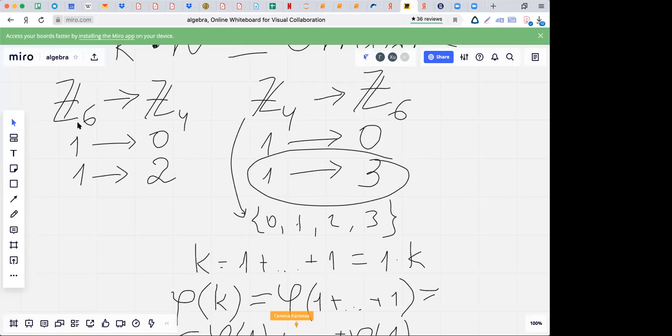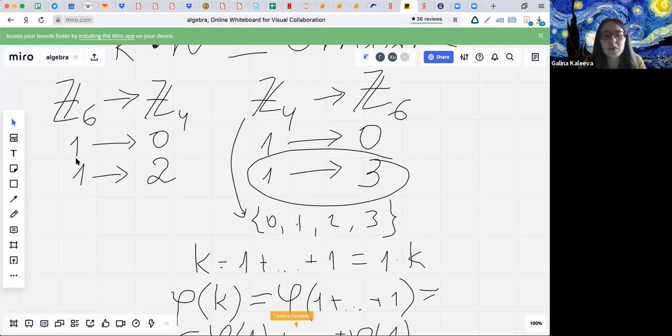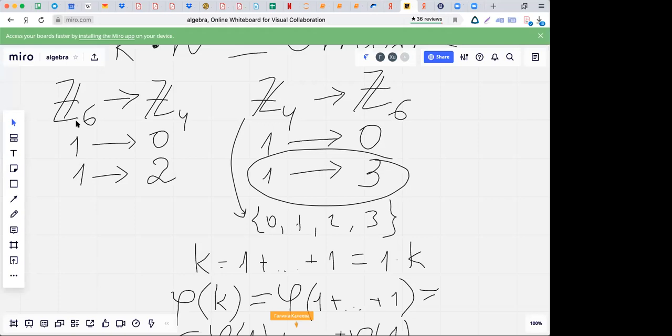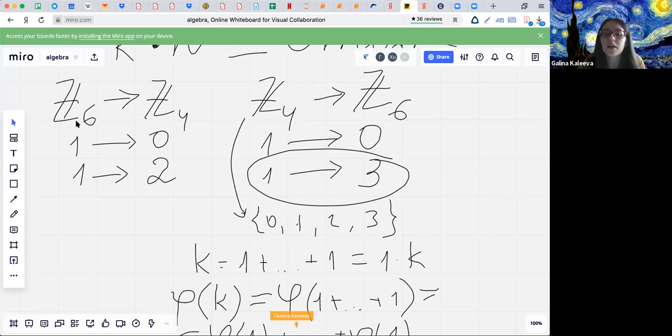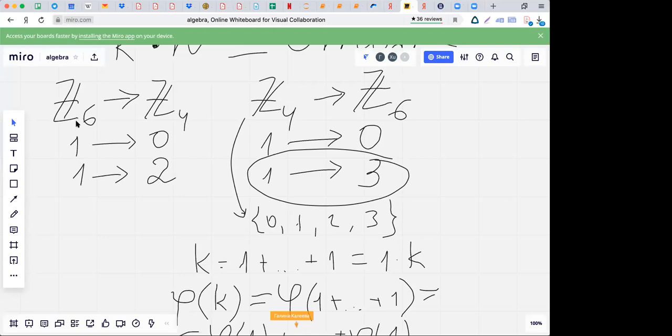Element 1 in group Z6. Is it 1? Because it's the cardinality of the generator of 1. The generator of 1 is 1 to the first power, in the second it's still 1, so the cardinality is also 1.